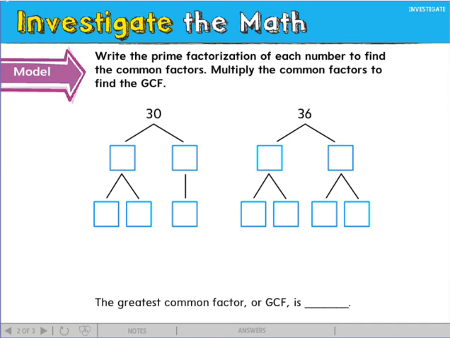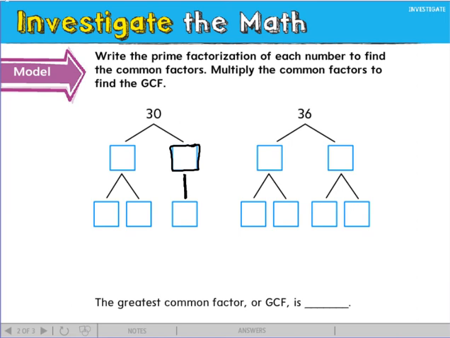When we have a prime number. So, in this case, when we see legs that are straight, what kind of number needs to be in that box? A prime number. Okay?